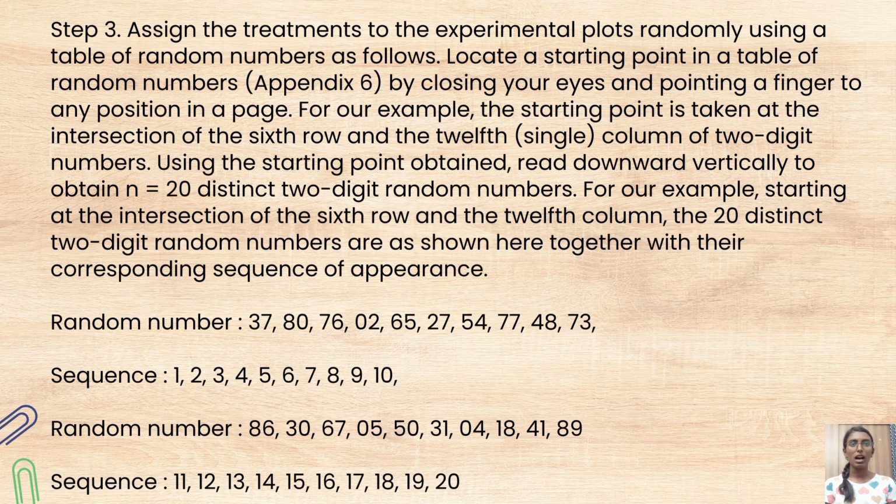Step 3. Assign the treatments to the experimental plots randomly using a table of random numbers as follows. Locate a starting point in the table of random numbers, Appendix 6, by closing your eyes and pointing a finger to any position on the page.